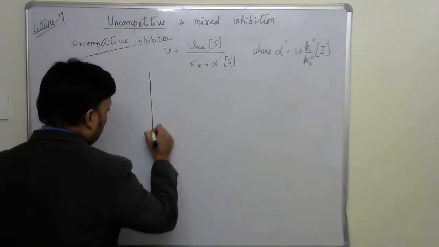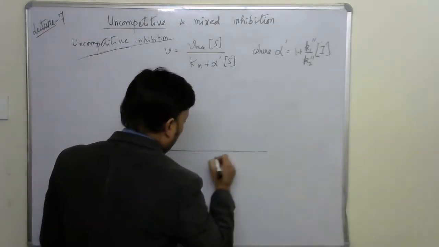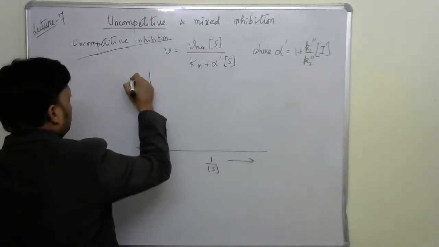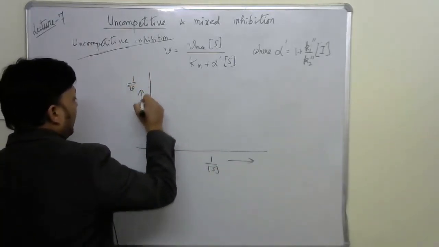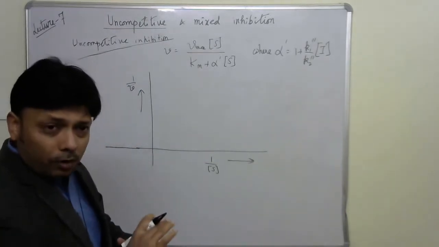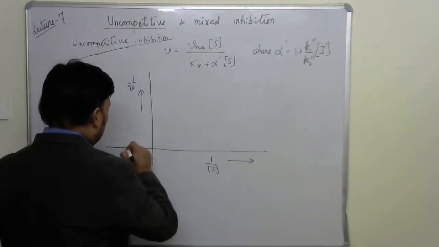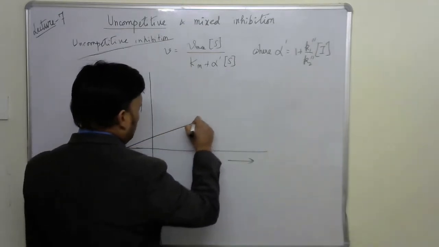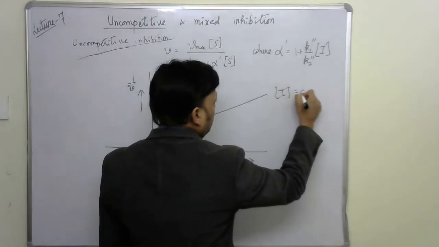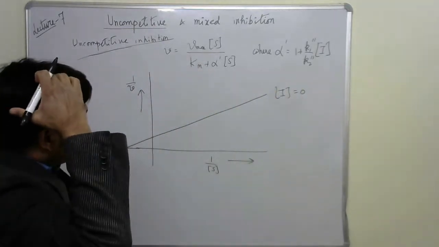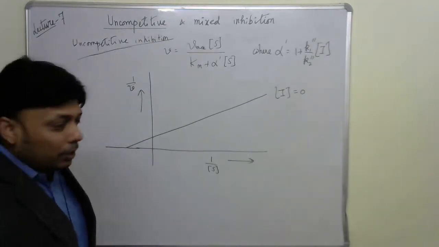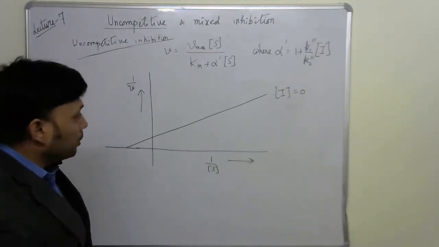So here we go. We have 1 over S on the horizontal axis and 1 over V on the vertical axis. Let's first draw the graph plot for the uninhibited situation. So this is the uninhibited straight line, and here the inhibitor concentration is 0, that means it is not inhibited.